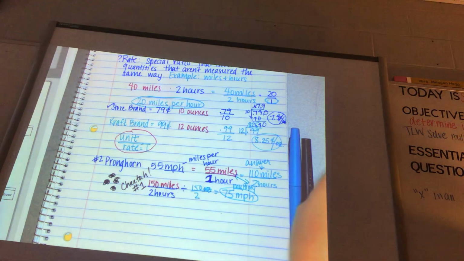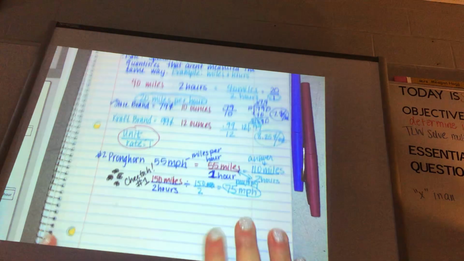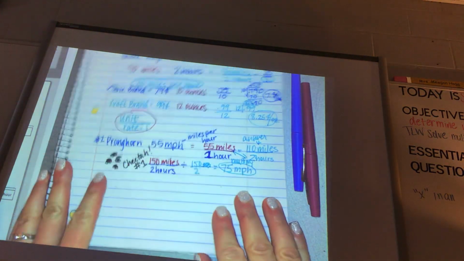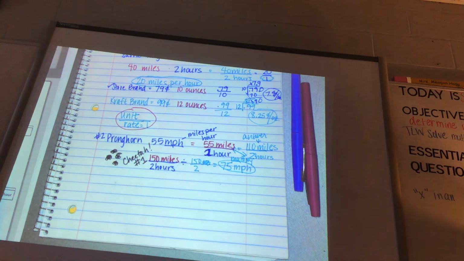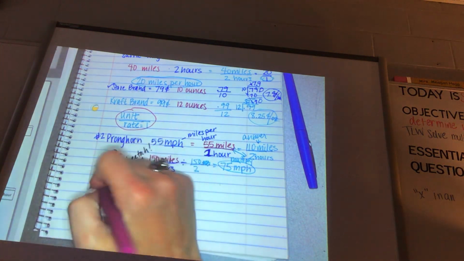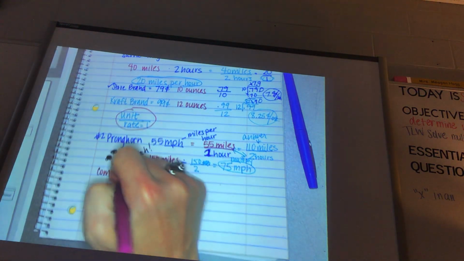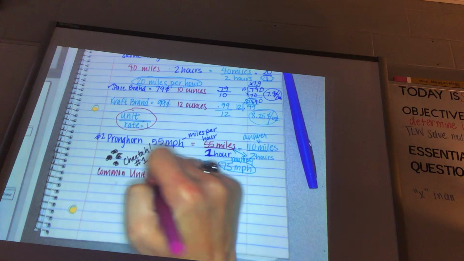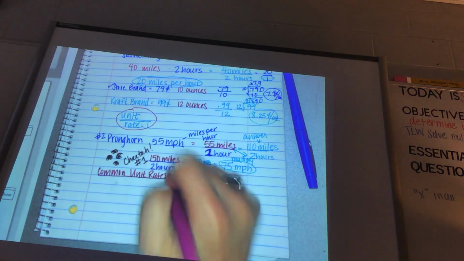So before we end this intro lesson on unit rate, for tomorrow, Wednesday's lesson in class, let's go over some common unit rates that you might come in contact with so that you are familiar with those abbreviations. We already went over one. One would be miles per hour.